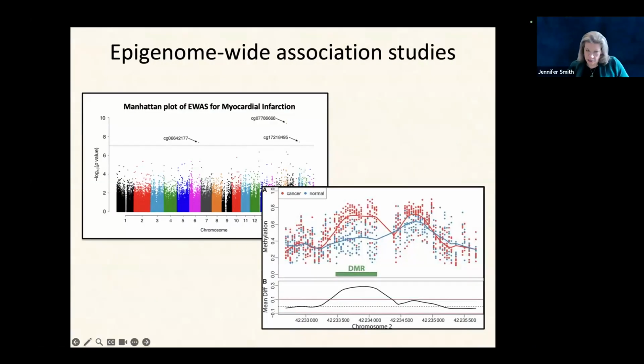Epigenome-wide association studies, where we look at CpG sites, for example, across the entire epigenome and look at their relationships to disease, have become incredibly important and form a foundation for a lot of the work we do in this space. So we're going to talk about EWAS in general, the epigenome-wide association study. We're also going to talk about finding differentially methylated regions, where we look for regions of the genome that are showing different patterns of methylation.